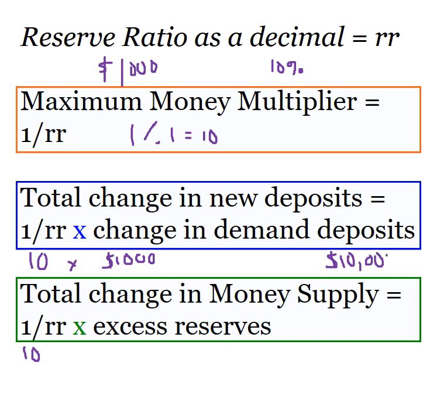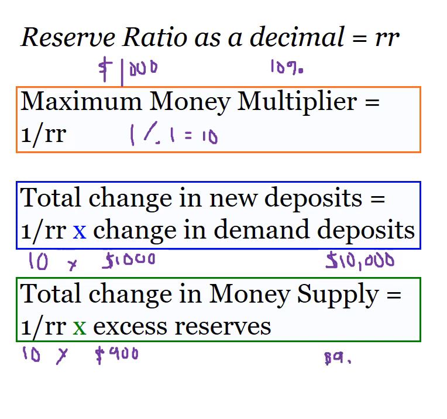Now, if we want to see how much this will impact the money supply, we do the multiplier times the excess reserves. Well, of $1,000, if 10% is reserved, how much will be excess? $900. So the total change in money supply is 10 times 900, which is $9,000.